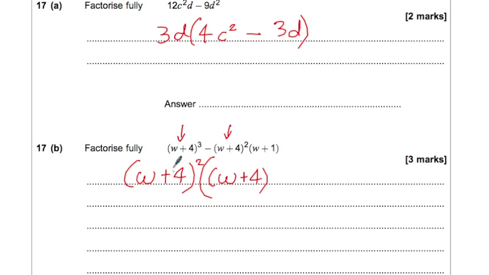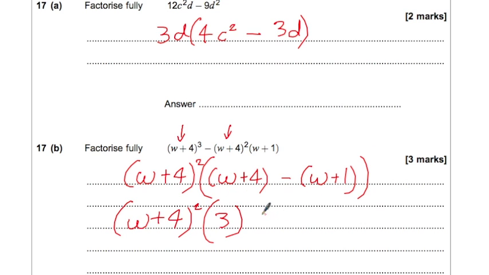And then what do we times w plus 4 squared by to give w plus 4 squared times w plus 1? Well, that would be just w plus 1. So all we have to do is simplify what we've got here. We've got w plus 4 all squared, and then in the brackets we've got w plus 4 minus w plus 1, which will be 3. So the answer is 3 lots of w plus 4 squared.